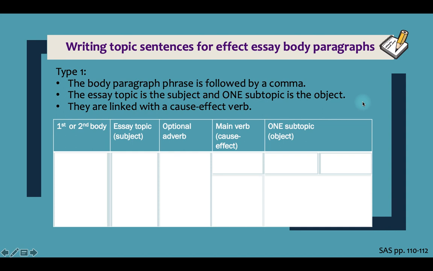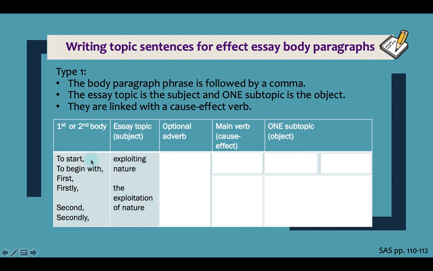So let's look at our sample. To start with, to begin with, firstly, these can all indicate the first body. Secondly, this can indicate the second. Exploiting nature, use a gerund phrase.